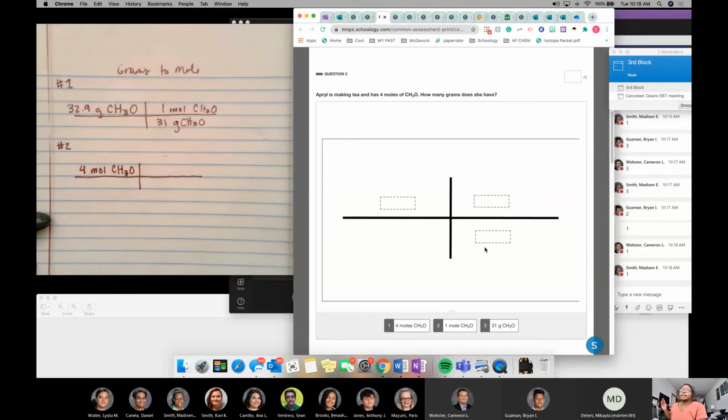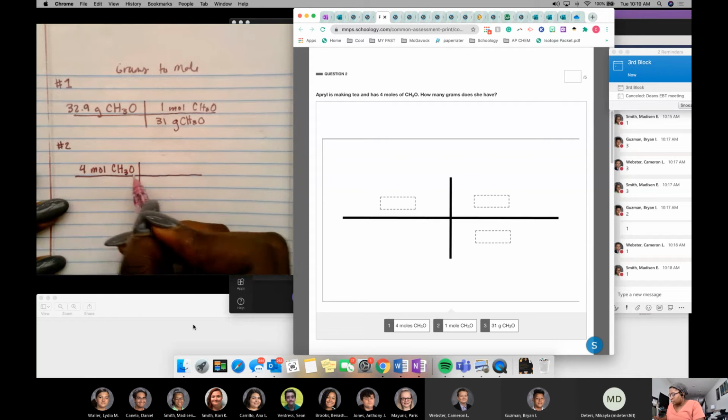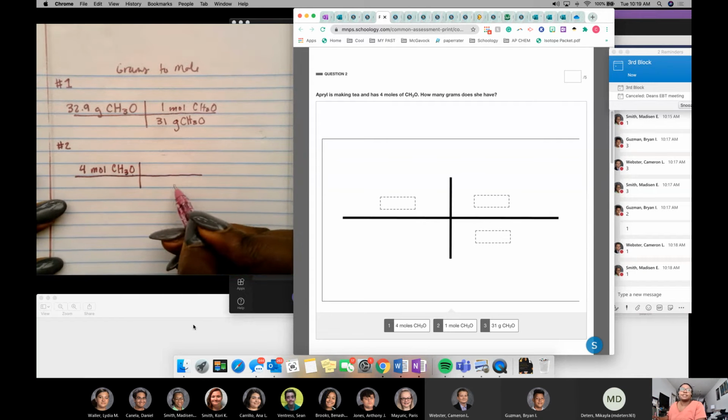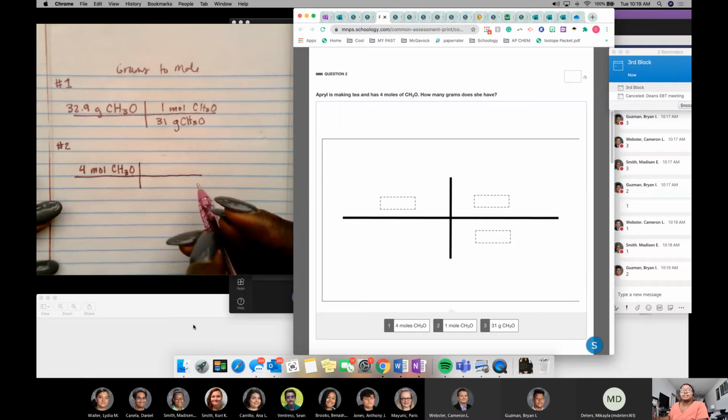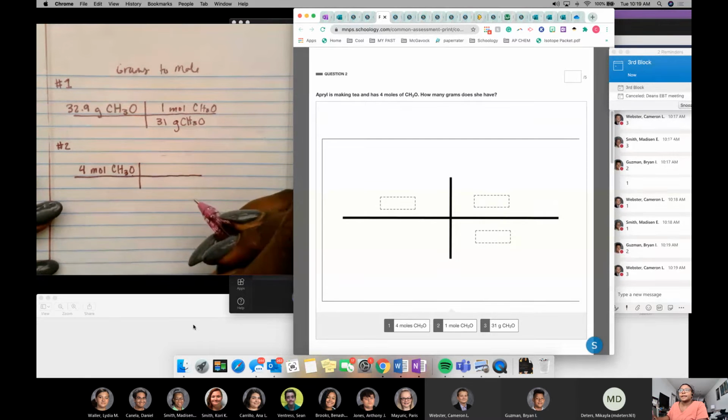Good job, everybody. Now here's a tricky one. Remember, things have to cancel out diagonally. So what has to go down here? I have moles of CH3O, so what has to go down here to cancel out? Which answer choice? Okay.